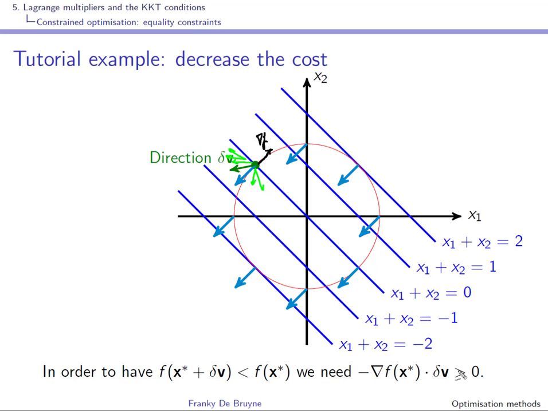So in order to select a descent direction, we have to make sure that delta v obeys this equation over here, and this will make sure that if you take a step in this direction delta v, the cost will decrease.